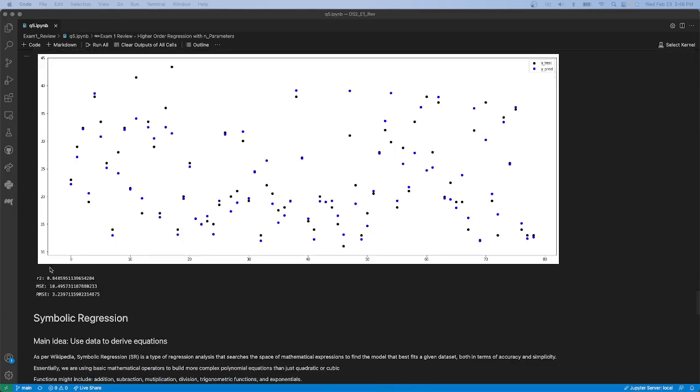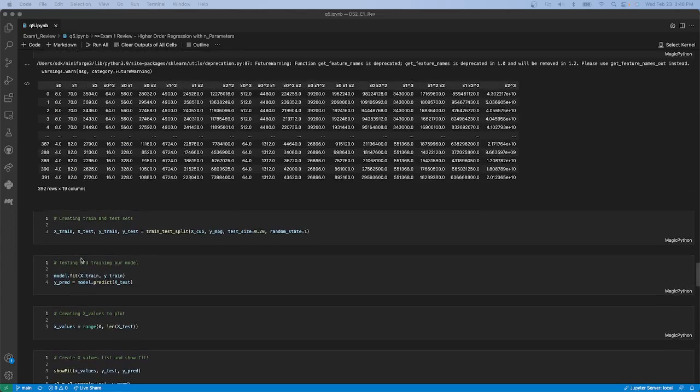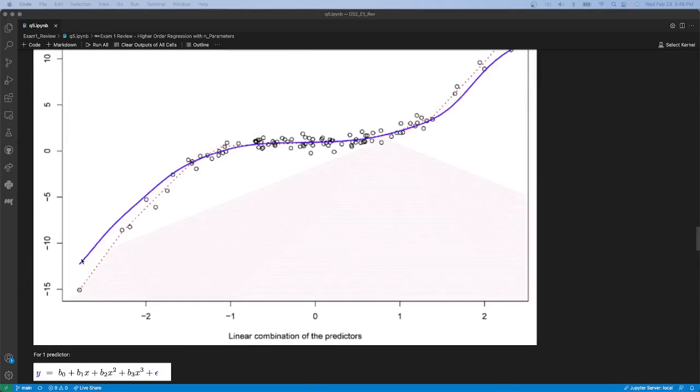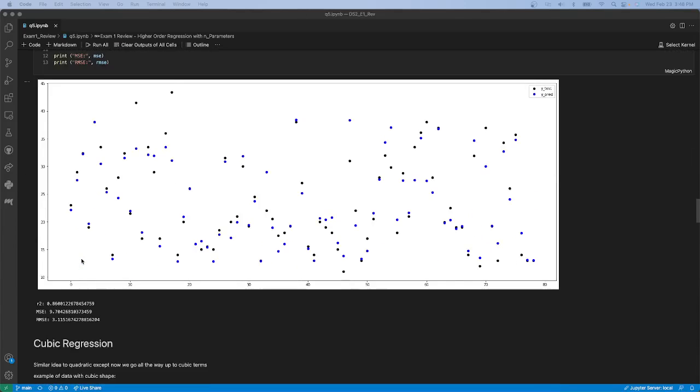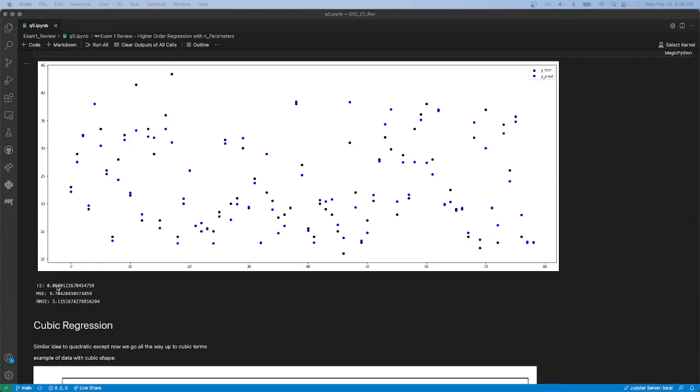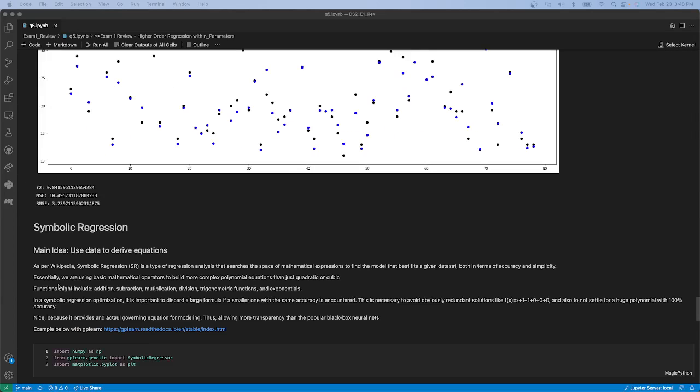But the interesting thing here is that for the quadratic model, we have a higher order term, but the r squared value is actually less. If we go back up and revisit, this is 0.86, and this is 0.84. So we actually did worse with the quadratic.